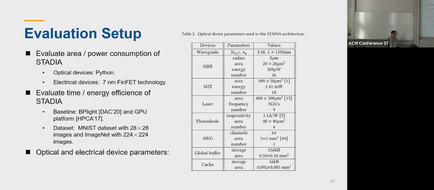So we compared our STADIUM-based architecture with a recent photonic backpropagation accelerator, BP-Light, which is a photonic and memristor-based accelerator with complete backpropagation architecture, as well as a GPU platform.